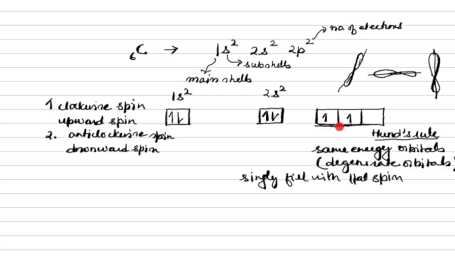Parallel spin means this is going up, this is also going up. Don't pair them when you are putting them in these orbitals. So first singly place them one by one.